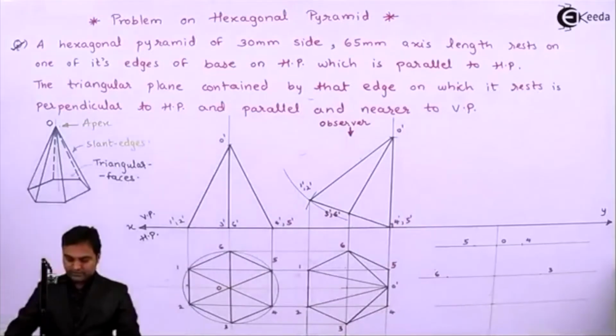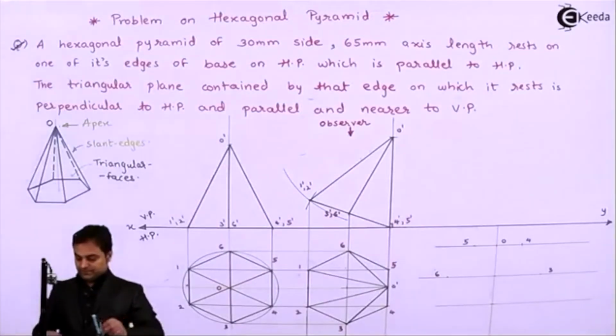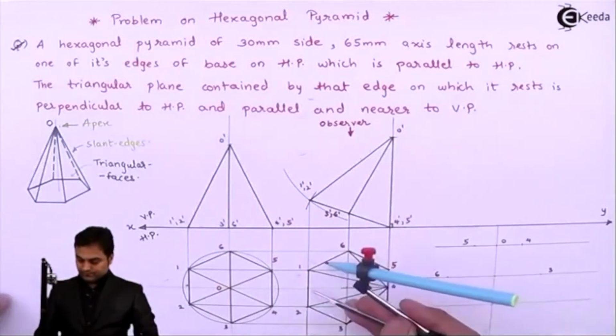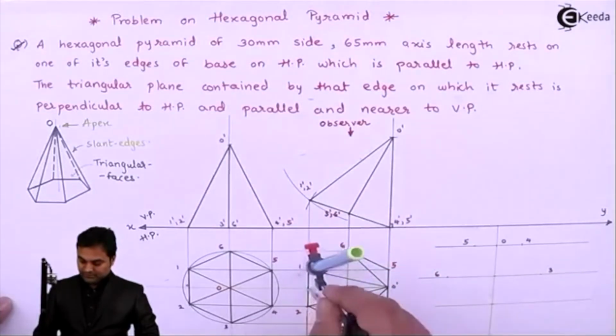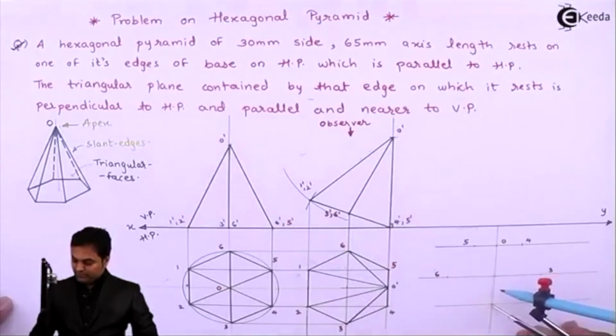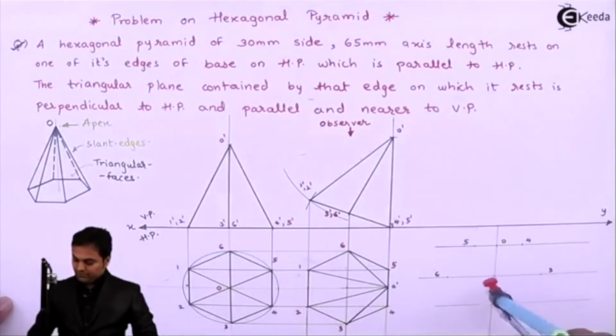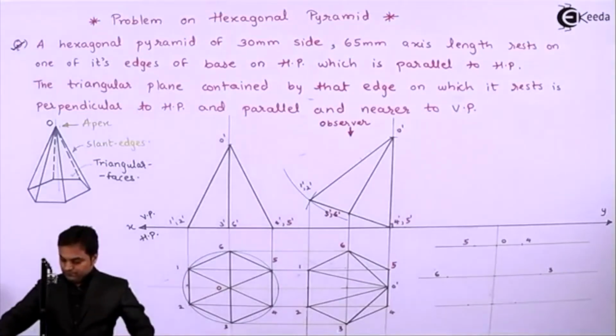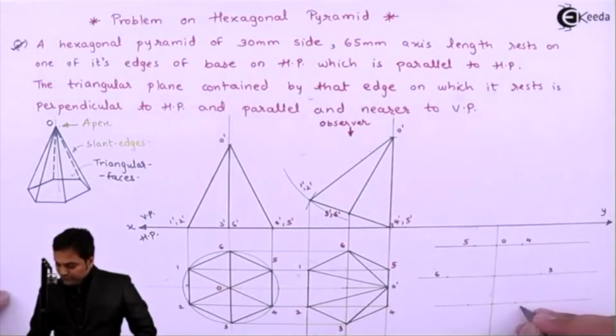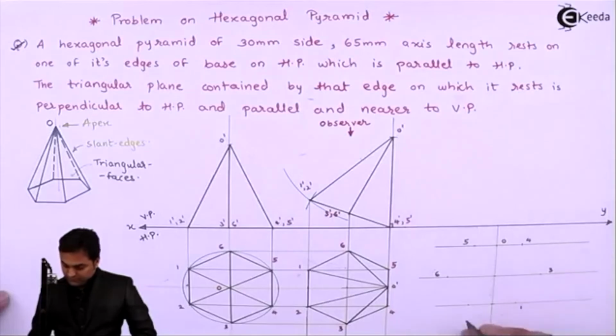So drawing a light line, measuring the distance from this line up to 0.1, and same will be the distance for 0.2 as well, keeping it over here. So here we have 0.1, this is 0.1 here, and this will be 0.2.